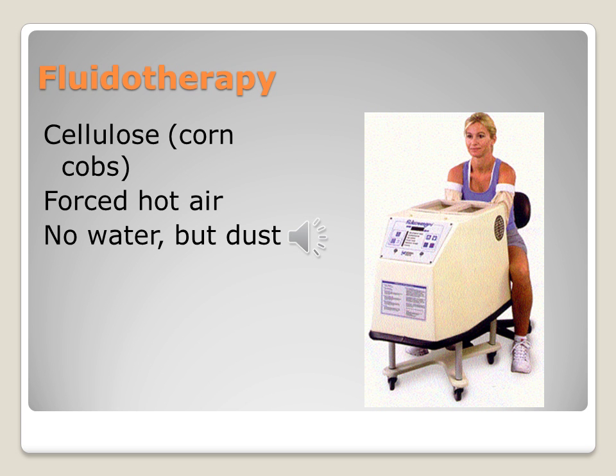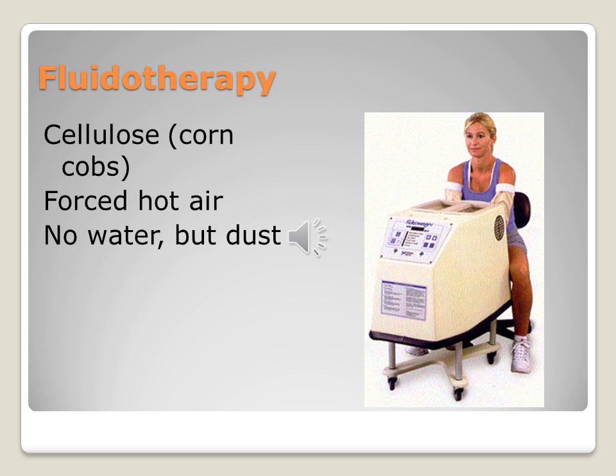The Fluidotherapy unit, as you see in the picture here, an individual getting treated for their upper limbs in the Fluidotherapy unit. What a Fluidotherapy unit basically does is it uses forced hot air, and it blows around a dust which is made up of ground up corn cobs, interestingly enough.